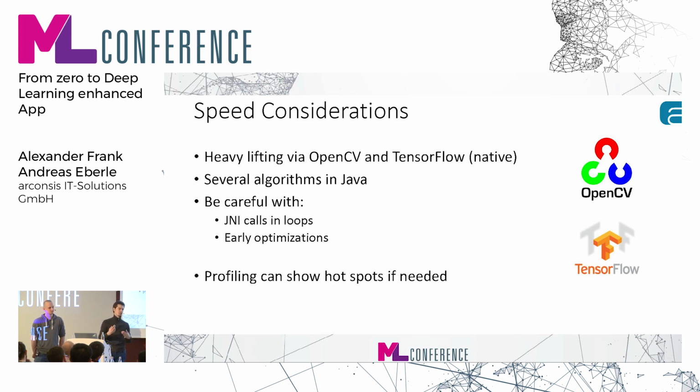It's stuff like that you just need to care about. And if you still have some slow stuff, profiling always helps to find out the hotspots, the parts you really need to look at. But we didn't have so much to optimize to really get it running smoothly.